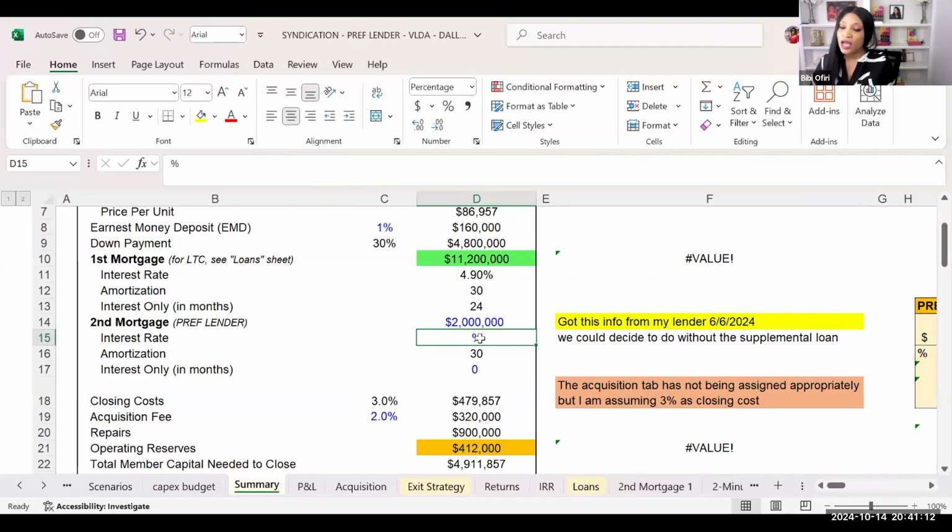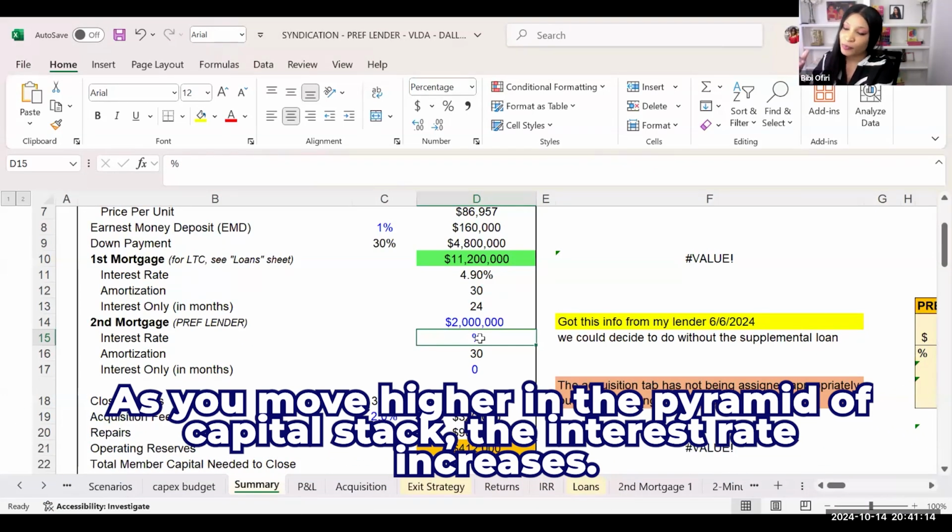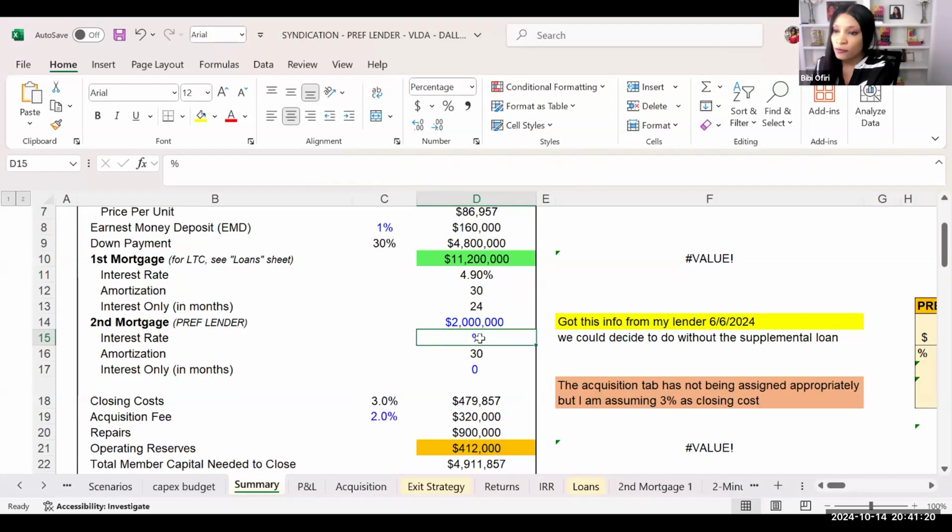Like I told you, as you move higher in the pyramid of a capital stack, the interest rate goes up. Preferred equity partners are between 14 to 18%, depending on the people you are meeting. For the purpose of this, I'm going to assume 14%.